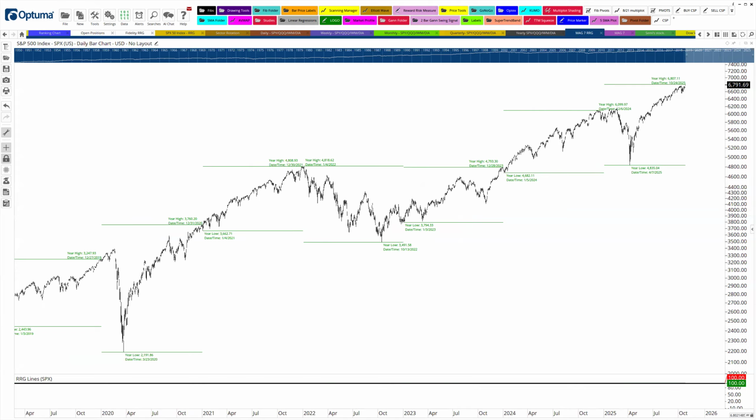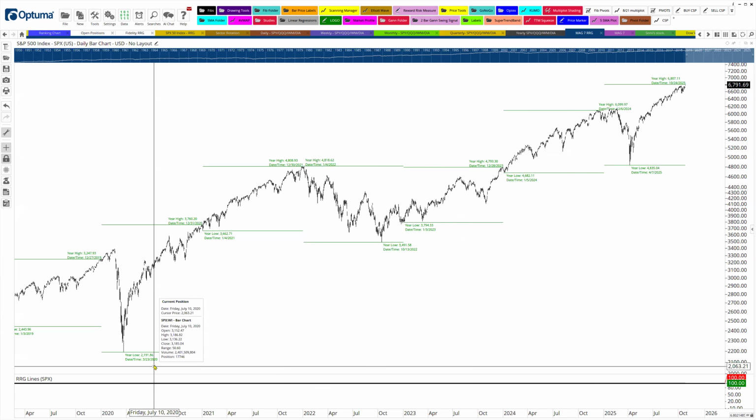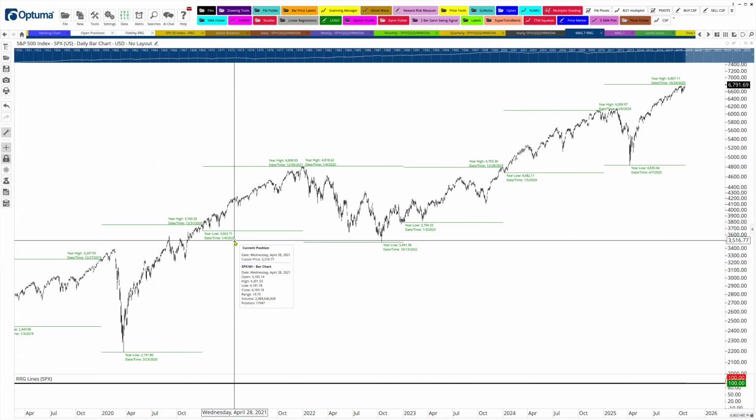Right? The market has not made a low below a previous year low and closed lower, right? The 2021 low is here.